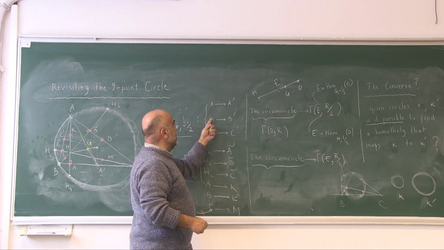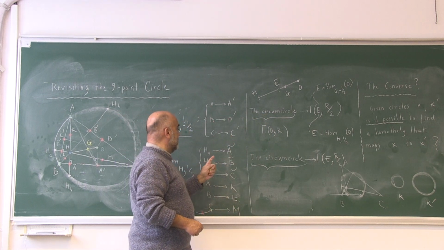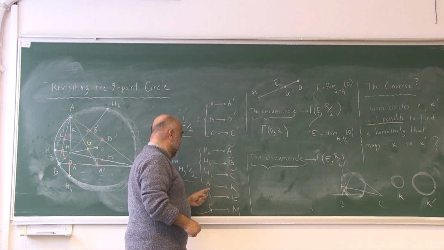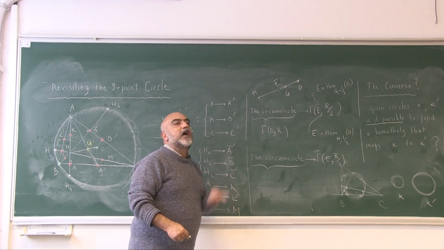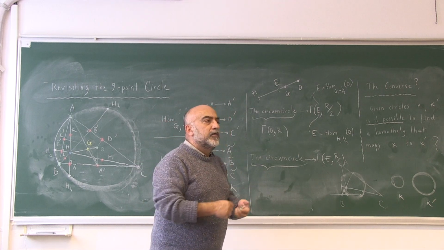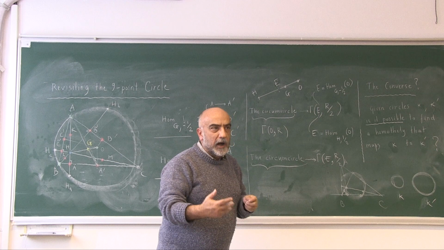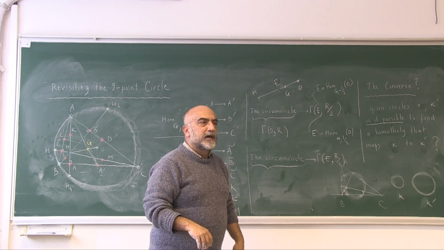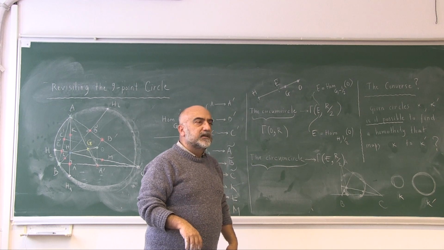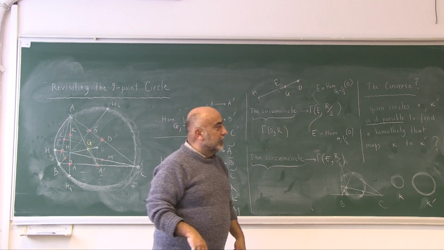The images of ABC, A prime, B prime, C prime, the images of HA, HB, HC, A, B, C, which are the points A tilde, B tilde, C tilde, K, L, M, 9 points. Okay, the very same. So that is why this strange small circle has these 9 significant points lying on it.